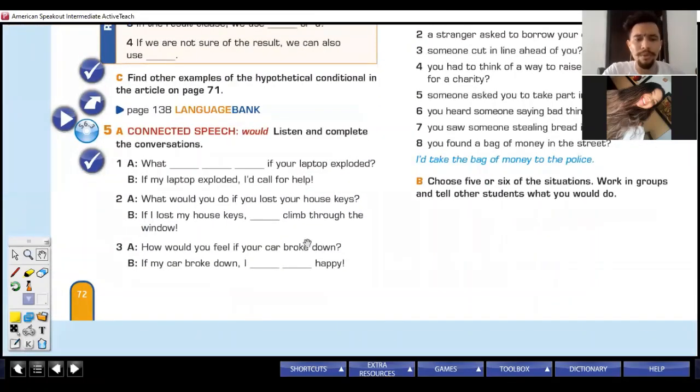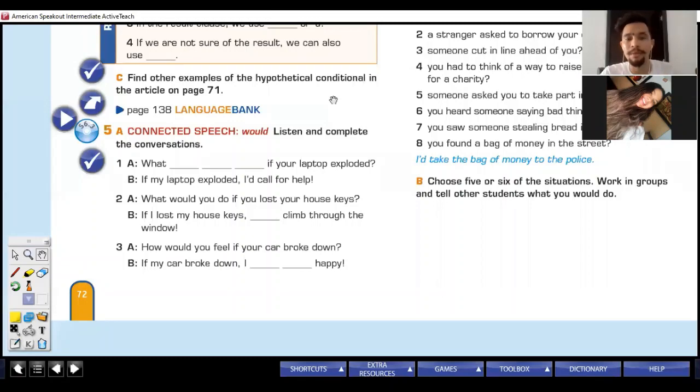Here we're going to start with a listening exercise. Last time, lecture number 6, we spoke about conditionals. We got conditionals type 0, 1, 2, and 3.